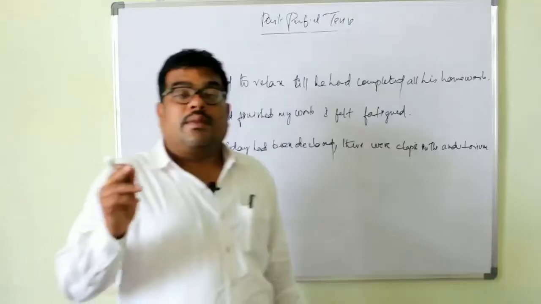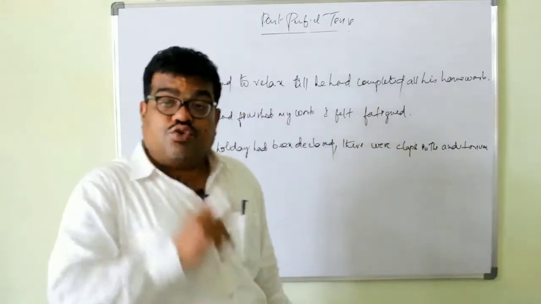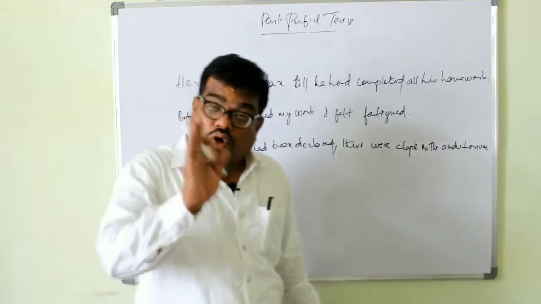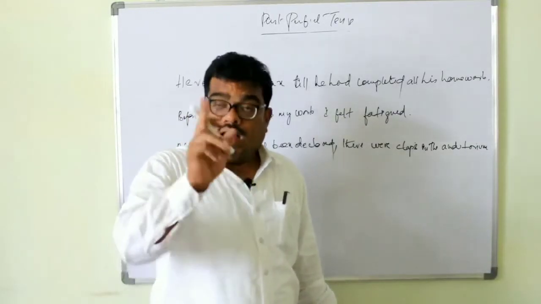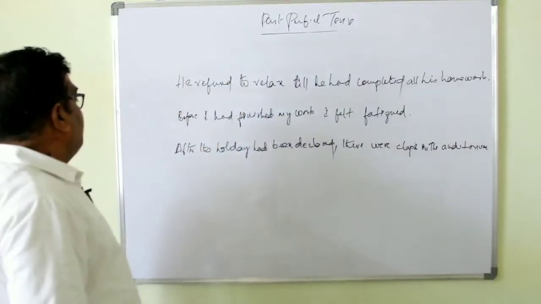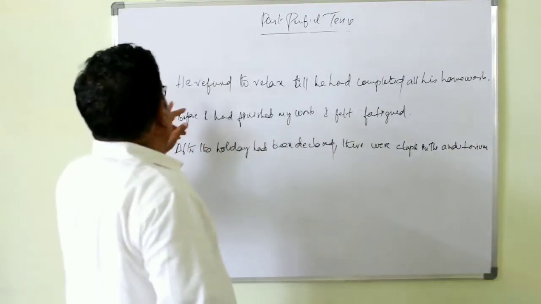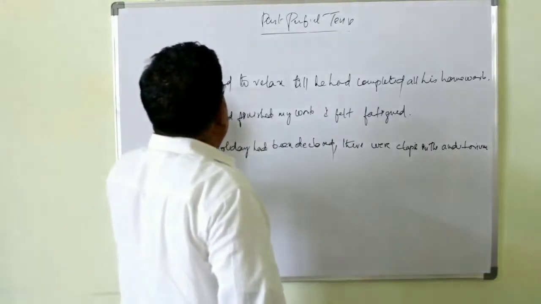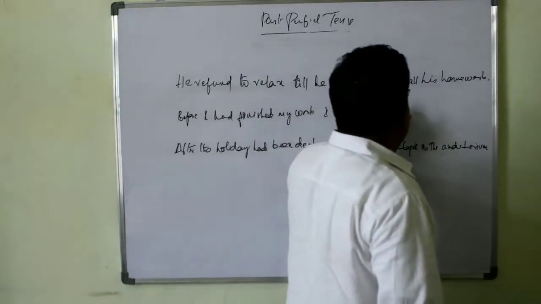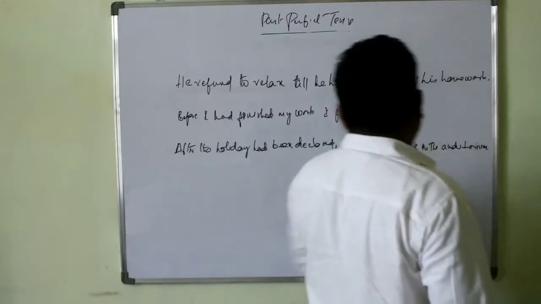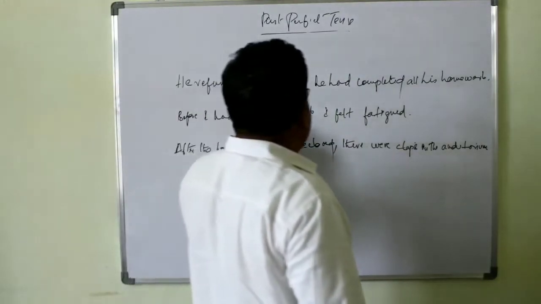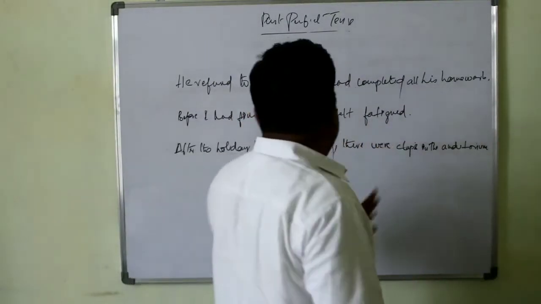Now, past perfect tense is used with till, until, before. After is normally followed by past perfect tense. See this example: he refused to relax till he had completed all his homework. Another example: before I had finished my work, I felt fatigued.